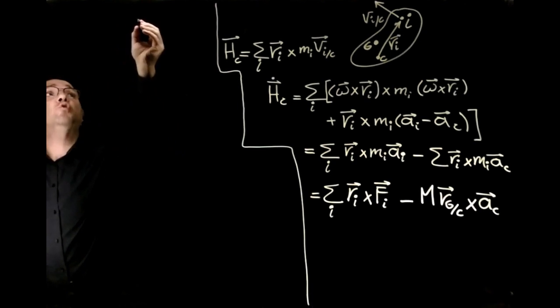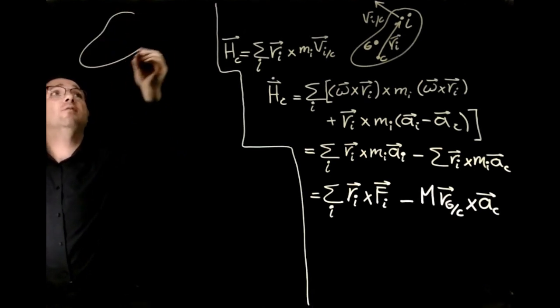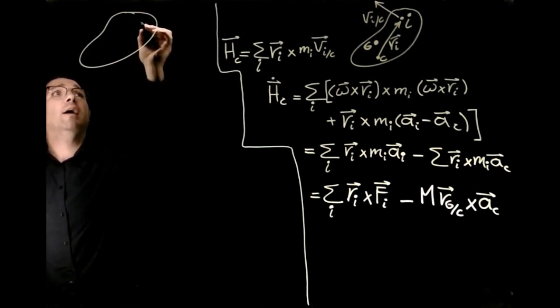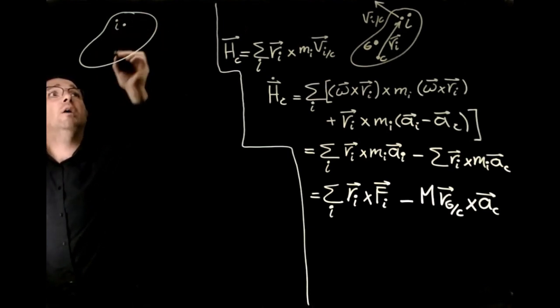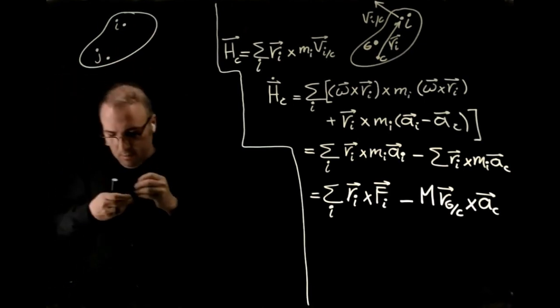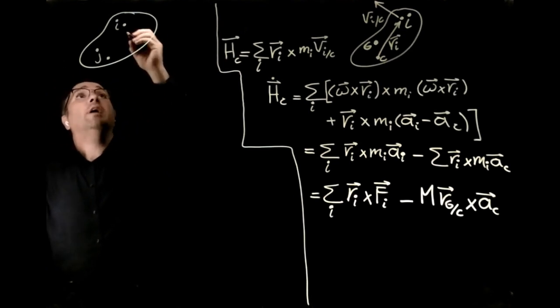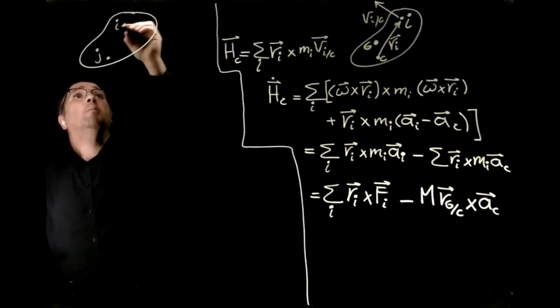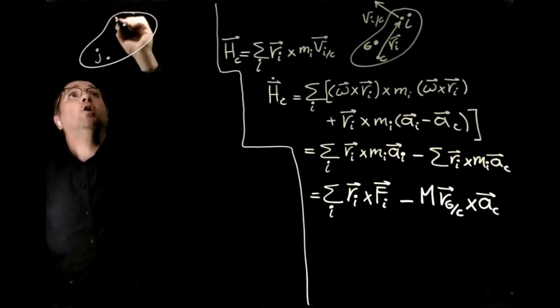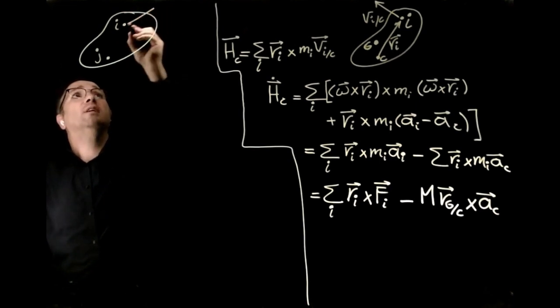If I have two points on a rigid body, I and J, then first of all, for each point, I can say that there are two types of forces, internal forces and external forces.